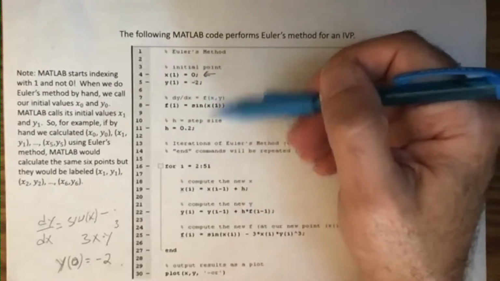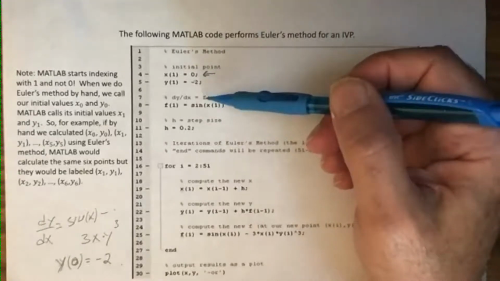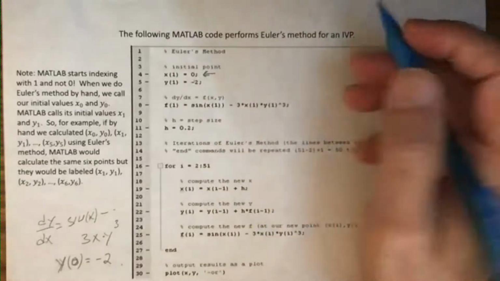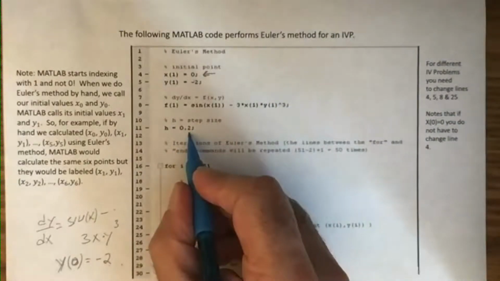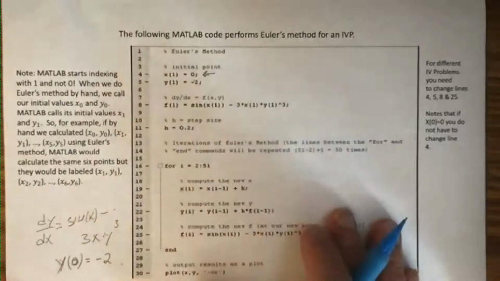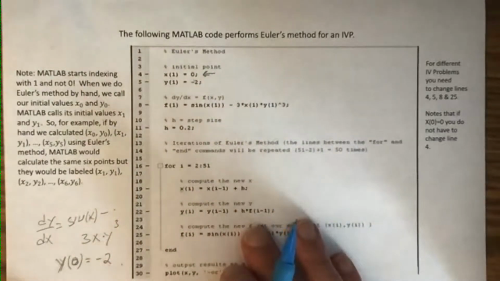It'll be a simple problem you can do by hand, but you can also check your result before you hand it in by using this script. Now see here, the step size is 0.2. If you wanted a different step size, you'd have to change that, and that's going to change the iterations too.